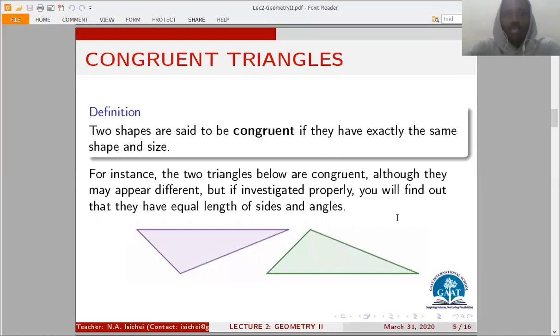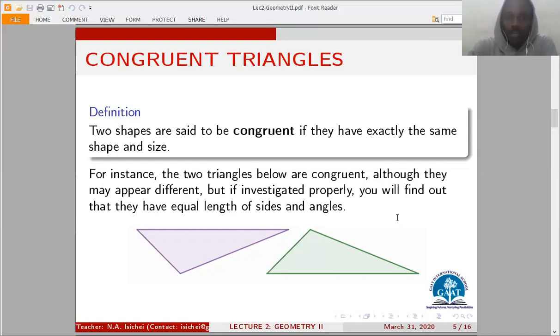Congruent triangles. So what are congruent triangles? I believe you've been hearing the word congruent. What is the meaning of congruent triangles? Definition: 2 shapes are said to be congruent if they have exactly the same size and shape. For instance, the 2 triangles below are congruent, although they may appear different, but if investigated properly, you find out that they have equal length of sides and angles.